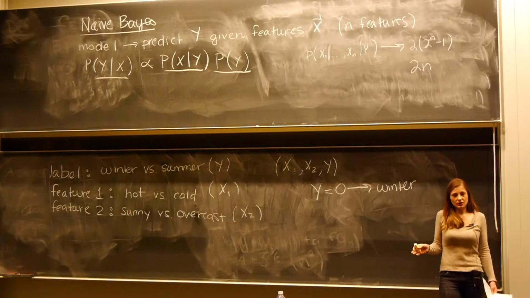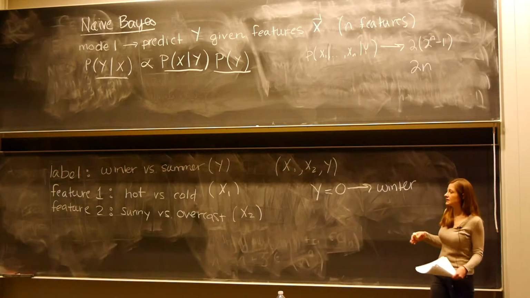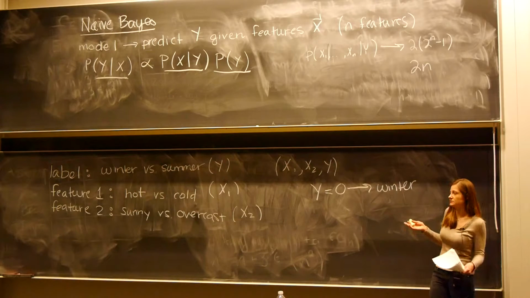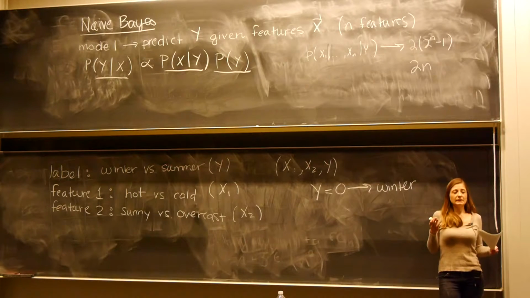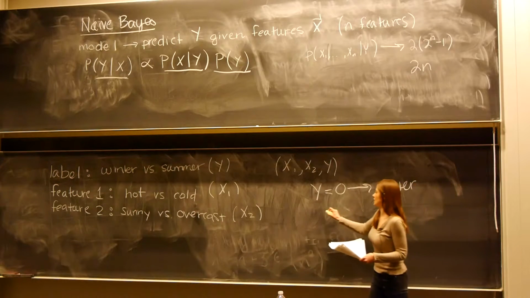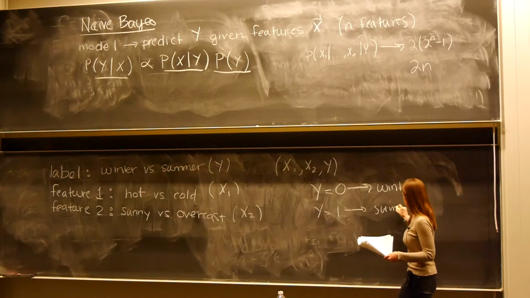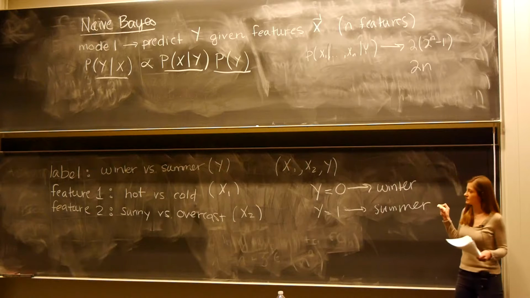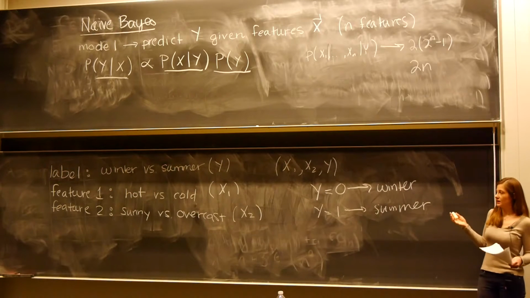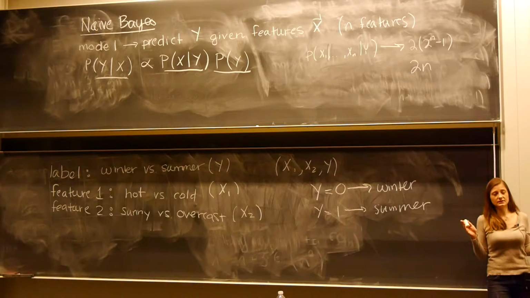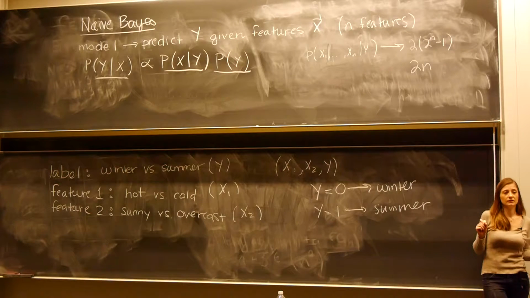Now maybe in winter, what we notice is that, yeah, there might be a lot of cold days and a lot of overcast days, but maybe they're no longer correlated, right? And similarly, if you just look at y equals 1, which is summer, you might notice the same thing, that even though there might be a lot of hot days and a lot of sunny days, they're not explicitly correlated.